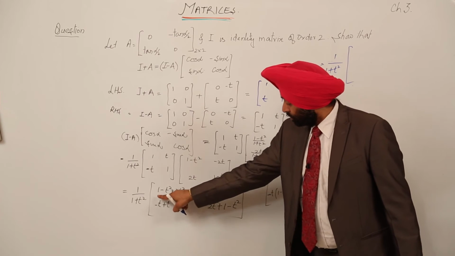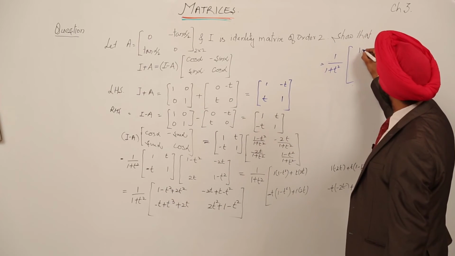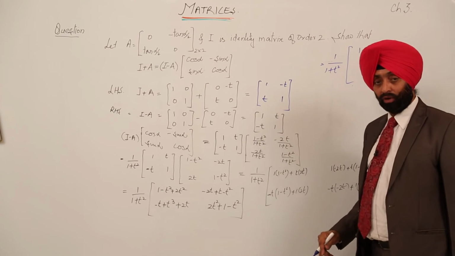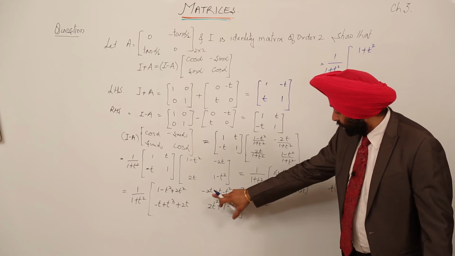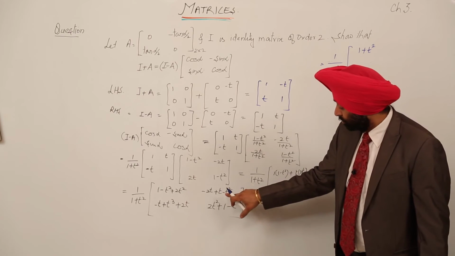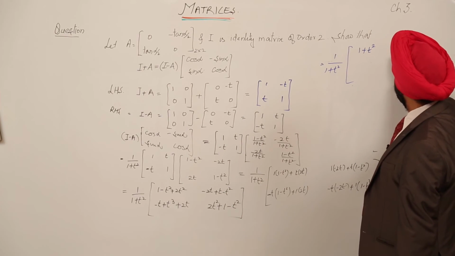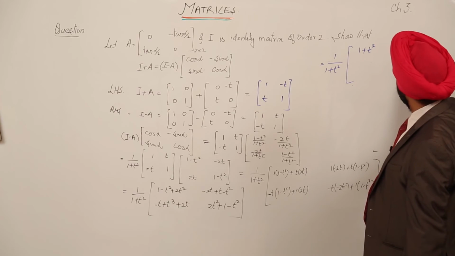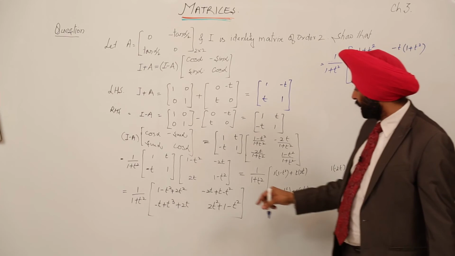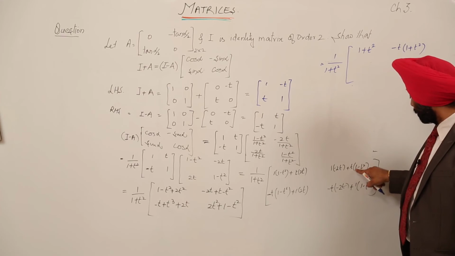Solving this part, 1 minus t square plus 2t square, it is 1 plus t square. Now minus 2t plus t is minus t, minus t minus t square, minus t common, 1 plus t square. Let's check it. This was minus 2t, t and t cube.